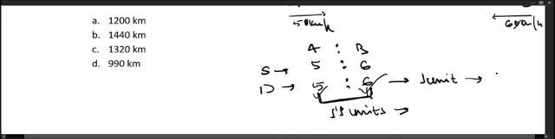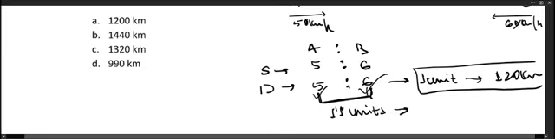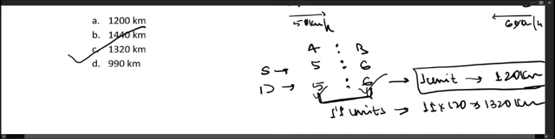That means the difference between their distances is, according to the ratio, 1 unit, and according to the question is 120 kilometers. So if 1 unit equals 120 kilometers, then 11 units will be 11 into 120, that is 1320 kilometers. So option C is the correct answer.